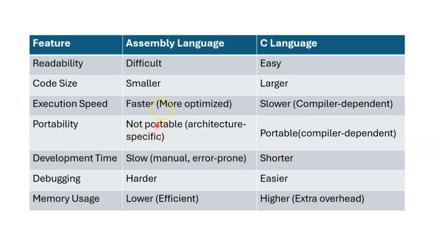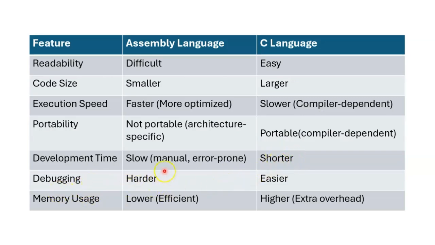Portability for assembly language is not so portable because it's architecture specific. For example, if you're using ARM, then you are stuck with ARM. And if you want to change it to an x86, then you have to rewrite the entire program. Whereas C is more portable, but it's compiler dependent. Then the development time for assembly language is a little bit slower because it's manual and tends to be error prone. Whereas C language, as you've seen, is shorter.